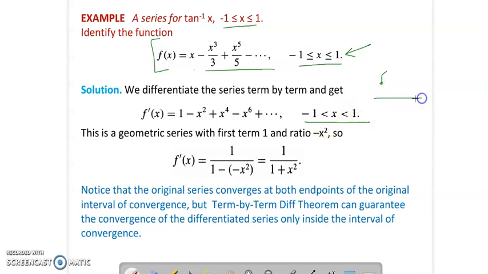We said that if this is the interval, then for every point which is inside the interval of convergence, these series are going to converge. Notice that the original series converges at both endpoints of the original interval of convergence, but the term by term differentiation theorem can guarantee the convergence of the differentiated series only inside the interval of convergence.